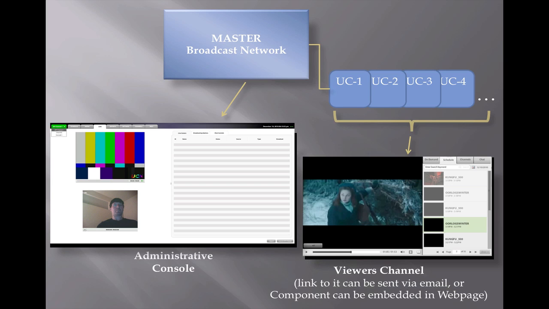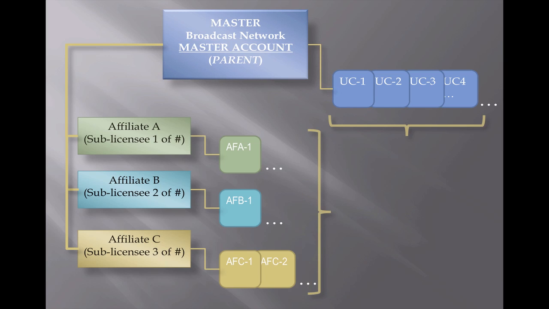The overall network, just as you can with your company have multiple channels, call them channel 1, 2, 3, 4, or whatever you'd like, has affiliates underneath you, which you can add, and which can have their own sets of channels that you allow them to have or not based on the configurations that you set.